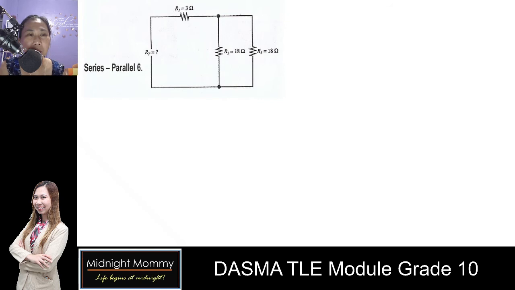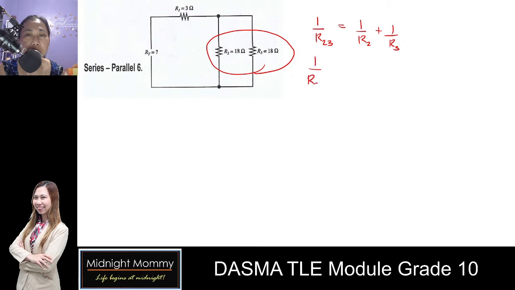Okay, so, dito tayo sa last one. Okay, so, wala siyang source dito. Kaya, ibig sabihin, kailangan lang natin i-compute yung total resistance. Dalawa na to is naka-parallel connection siya. Okay, so, i-combine muna natin sila. So, 1 over R23 is equal to 1 over R2 plus 1 over R3. Okay, so substitute lang natin.